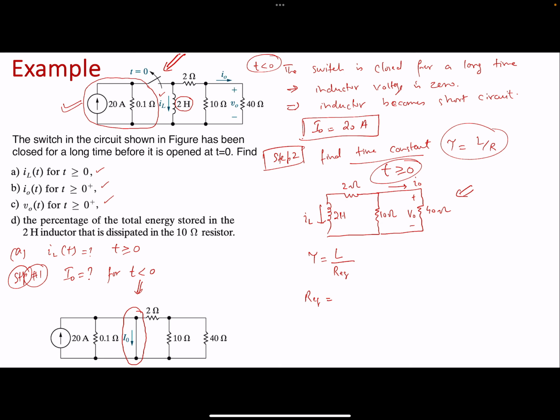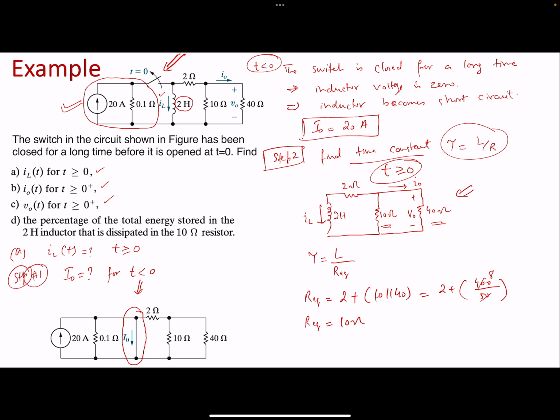Just by looking at it, I know that 40 ohms is in parallel with 10 ohms, and this parallel combination is in series with 2 ohms. So I can do 2 plus 10 ohms in parallel with 40 ohms, so 2 plus 400 divided by 50, which comes out to be 8. So our equivalent is 10 ohms.